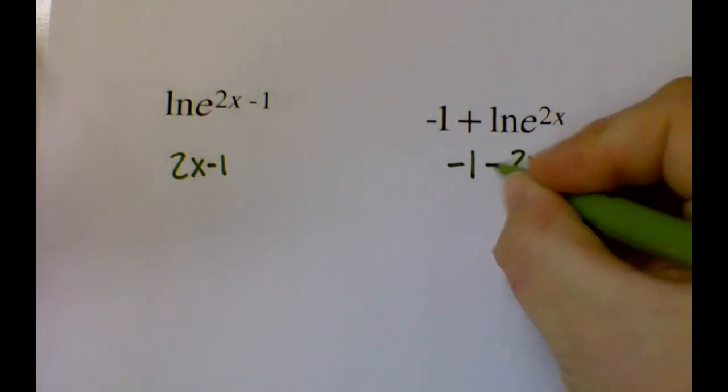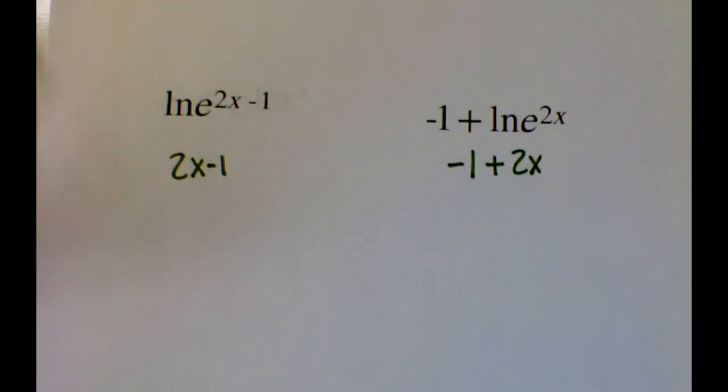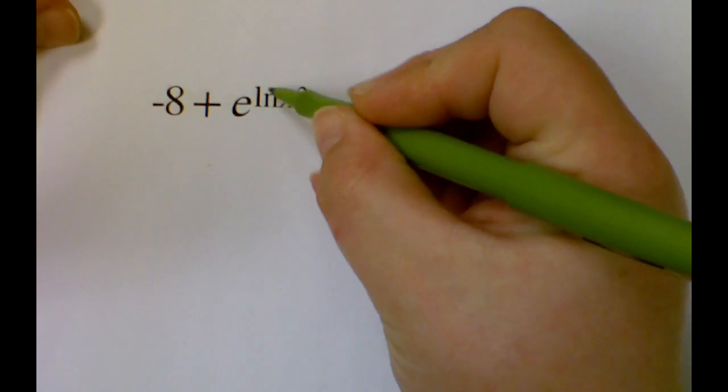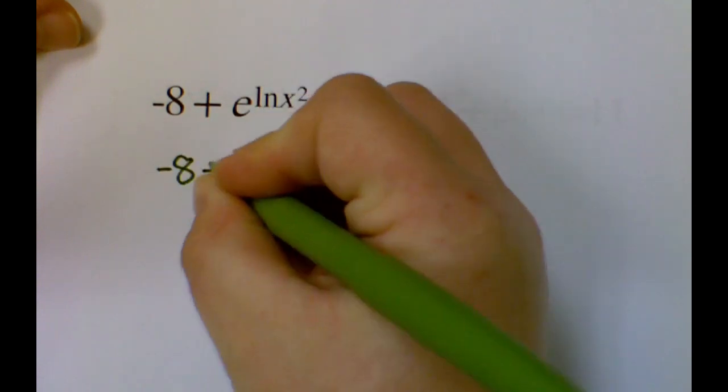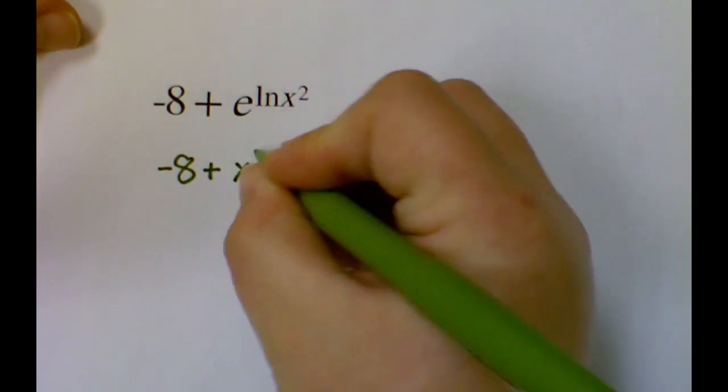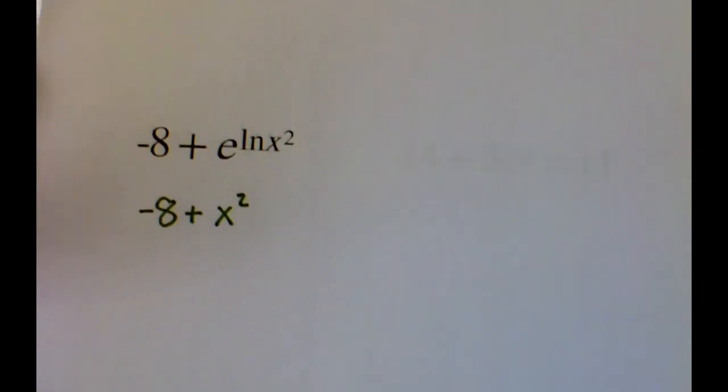So I have negative 1 plus 2x, because that negative 1 is completely separate. And for negative 8 plus e to the ln of x squared, e to the power of a natural log cancels each other out. That negative 8 hangs out, but this part just becomes the inside of the natural log, which is x squared.